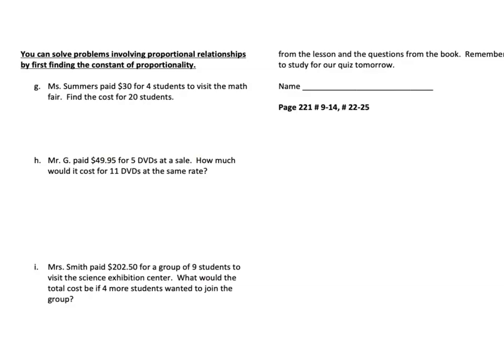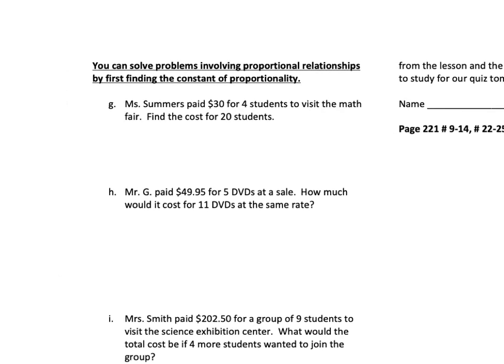All right, lastly, on this side, we're going to solve a proportional relationship by finding the constant of proportionality. So it says Miss Summers paid $30 for 4 students to visit the math fair. Find the cost for 20 students. Okay, so our first step, again, is to think about what we want on top and what we want on bottom. And I'm just going to decide to put dollars on top and students on the bottom.